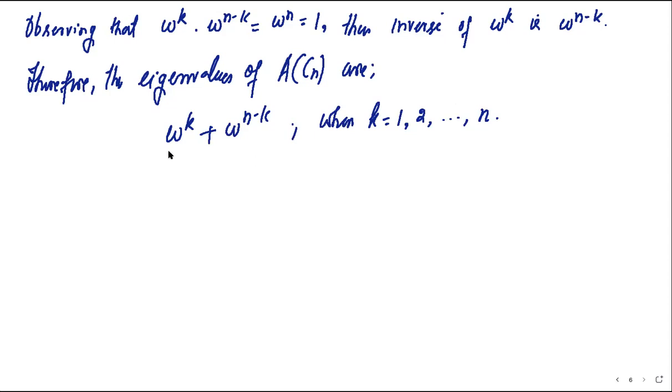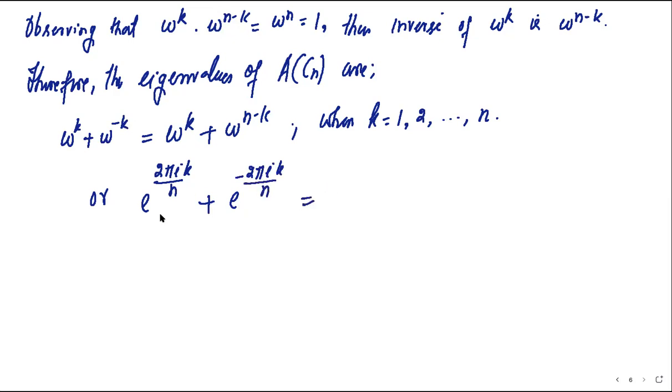But now, since omega is the nth root of unity, this omega power k is equal to e power 2 pi i k by n. And then omega power n minus k can be written as omega power minus k. So this is equal to omega power k plus omega power minus k, because omega power n minus k is the same as omega power minus k. Here we can write this term as e power minus 2 pi i k by n.